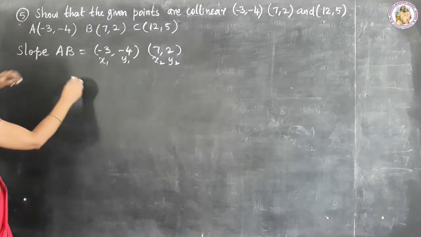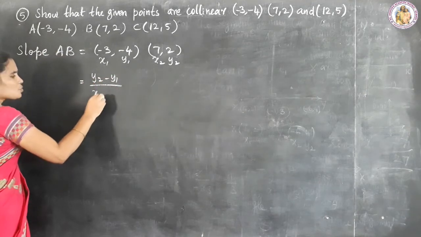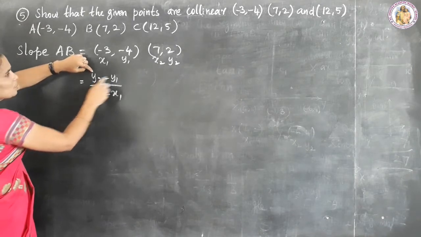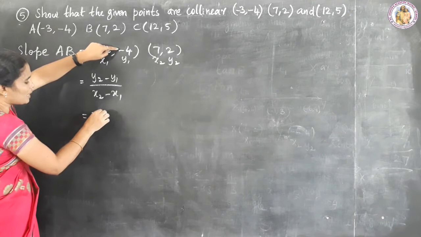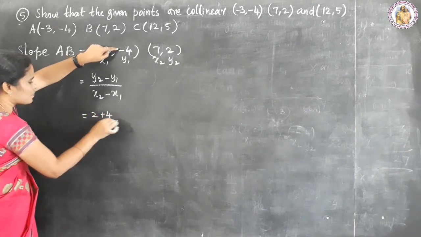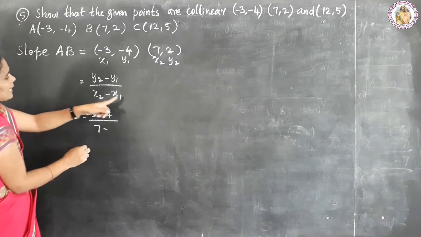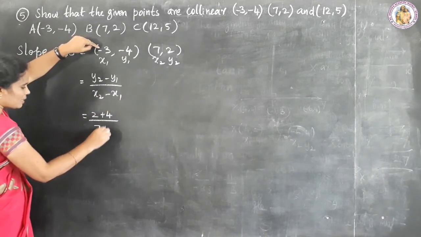Slope of AB is equal to y2 minus y1 by x2 minus x1. Now substitute the values: y2 is 2 minus y1, y1 is minus 4, which when it comes here becomes plus 4, and x2 is 7 minus x1, which is minus 3, which becomes plus 3.